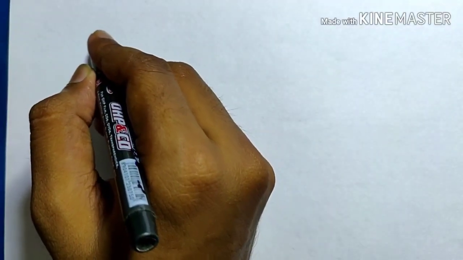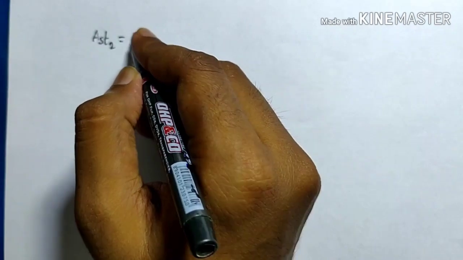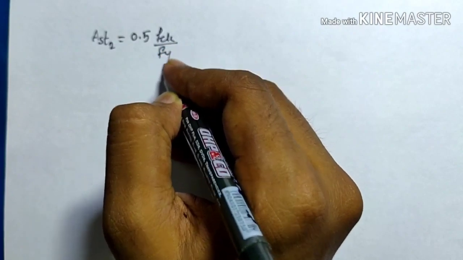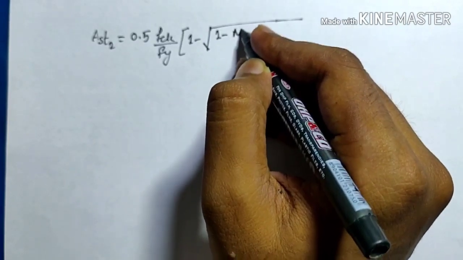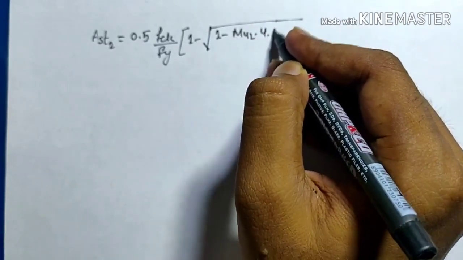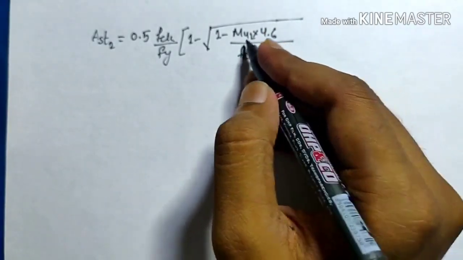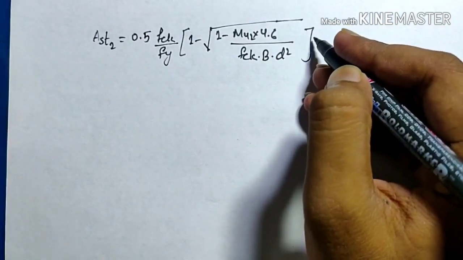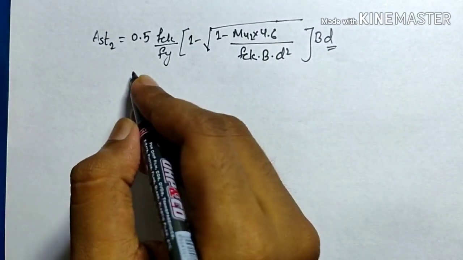Now let's find out the AST for the other moment, that was our M2, and we will use the formula again. AST equals 0.5 FCK upon Fy times 1 minus root under 1 minus Mu2 into 4.6 upon FCK, along with our second moment, B times D square into BD, and our D was 560 millimeter, which we had fixed before this step of finding AST.